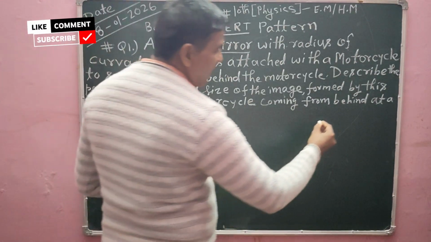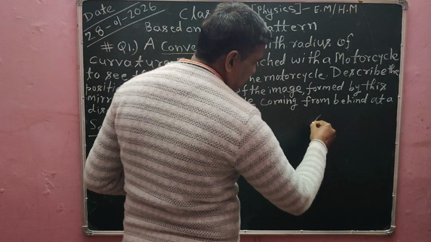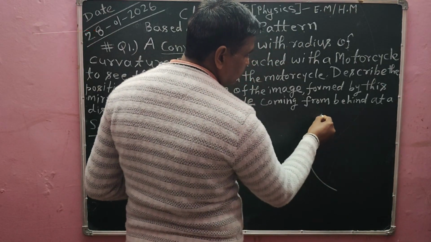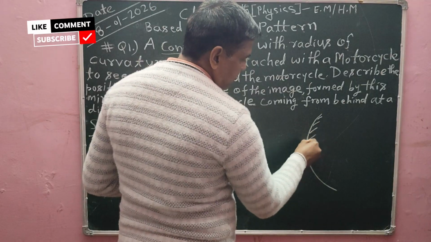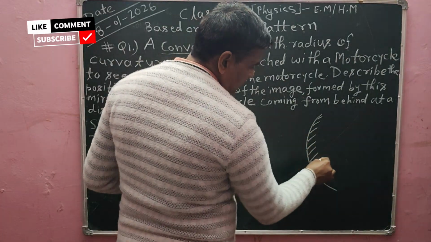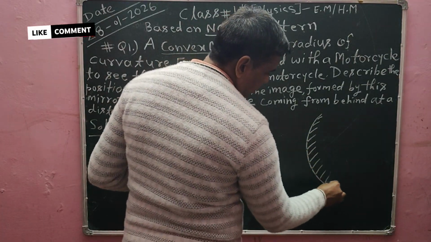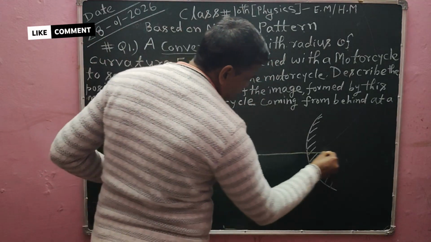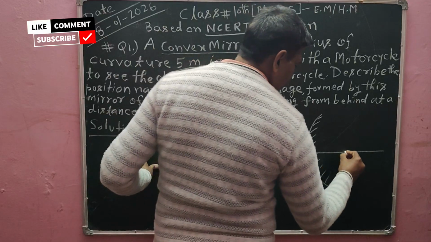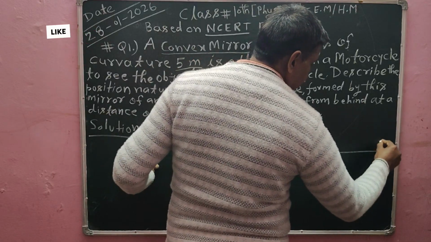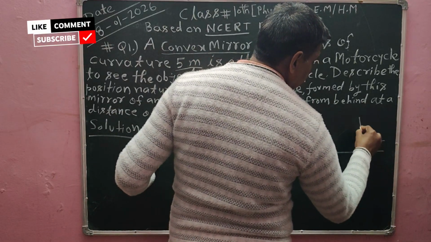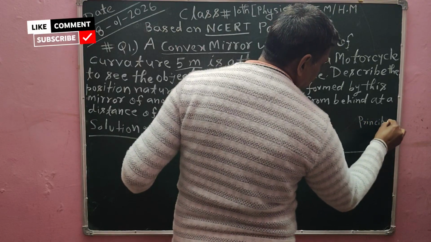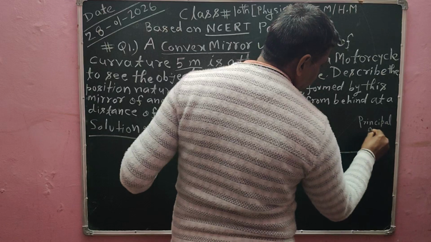First of all I am going to make one convex mirror, a mirror which is painted with a red oxide lead. So here I will draw one axis, and I will say this is the principal axis.